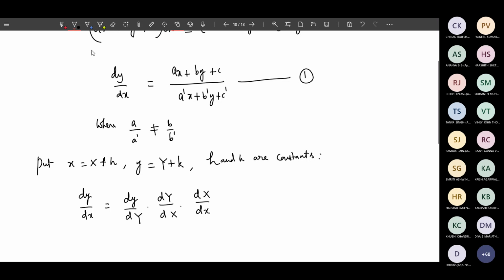You look at this carefully. This is a chain rule, because x is a function of capital X and y is a function of capital Y. Therefore, dy by dx, chain rule, starts from dX by dx. These two things are clear: y with respect to Y, if you look at 1, and X with respect to x, if you look at 1. But what is the middle term? dY by dX.